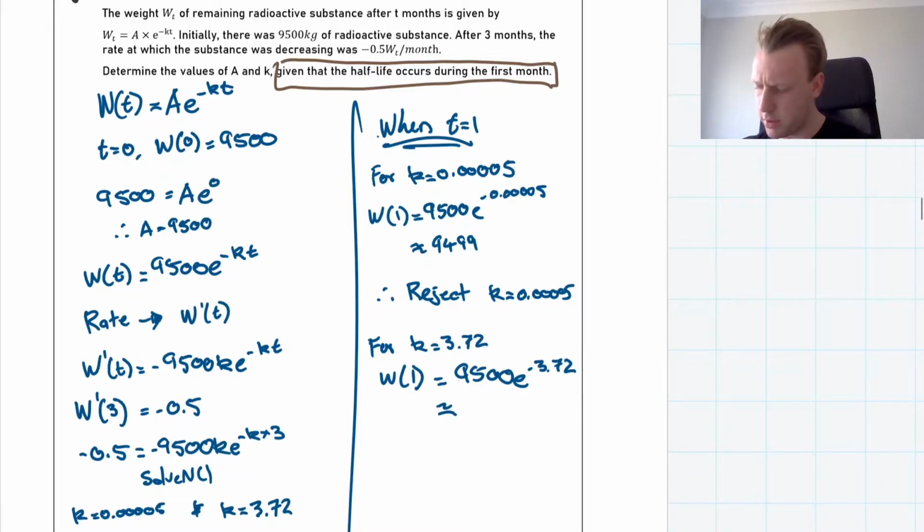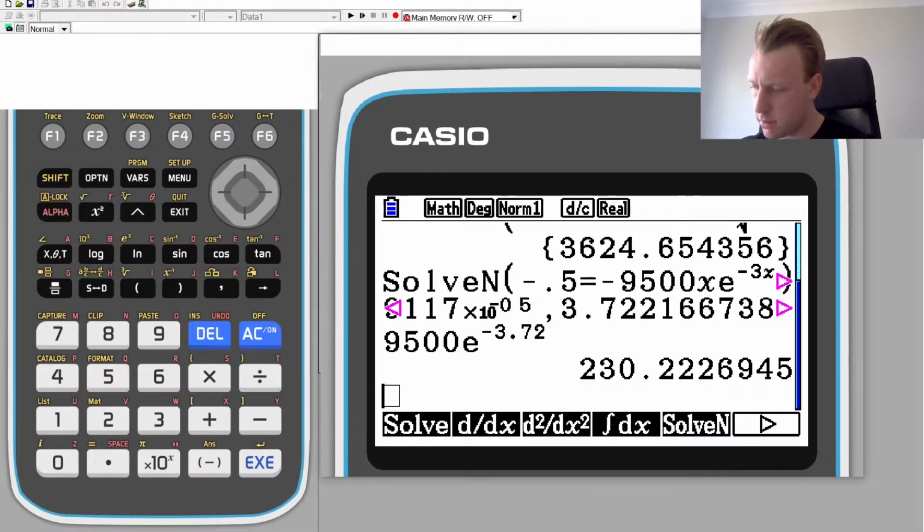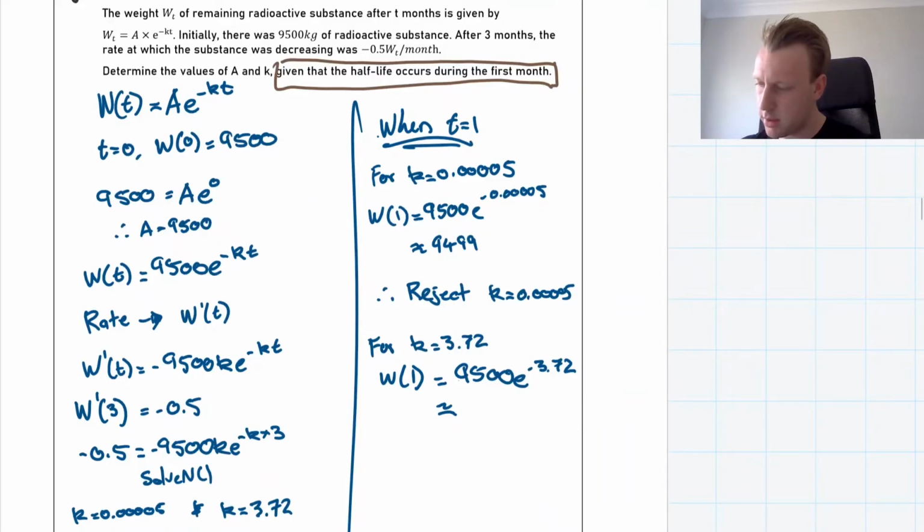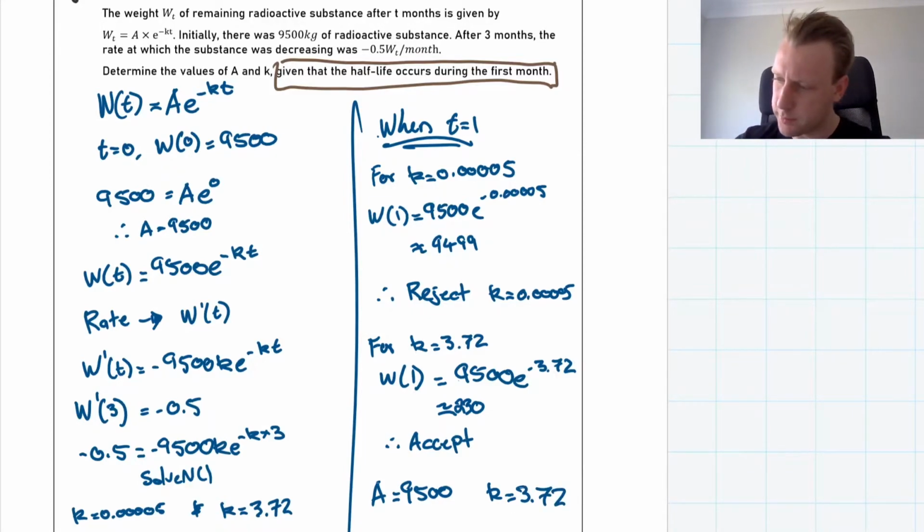Or 300? 230. Therefore, accept. So that implies that A is equal to 9500, K is equal to 3.72.